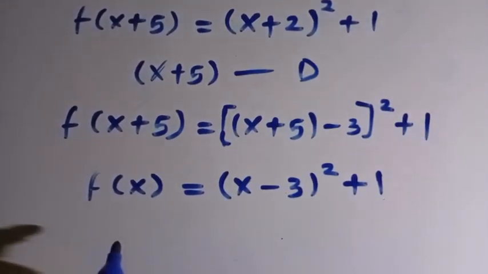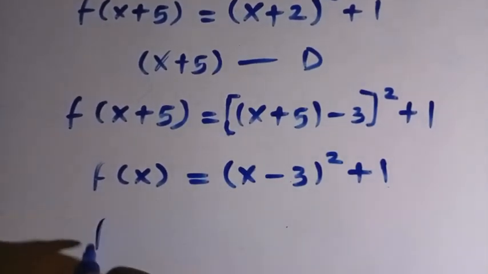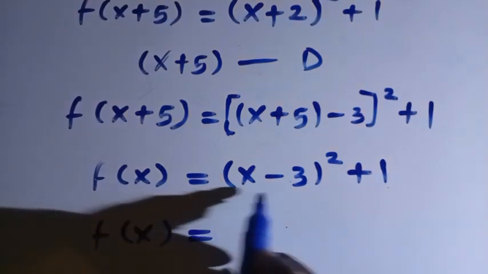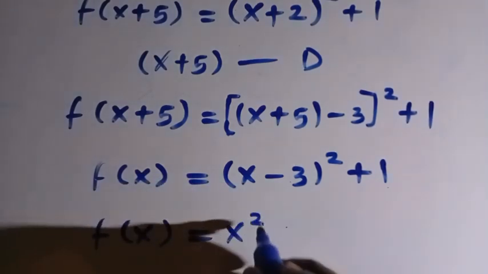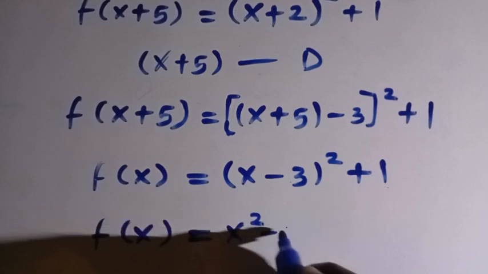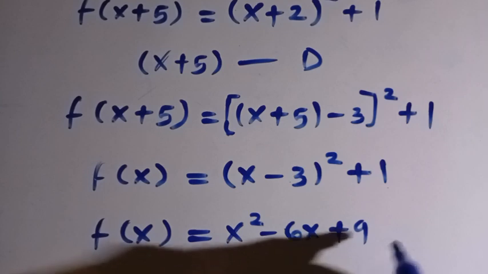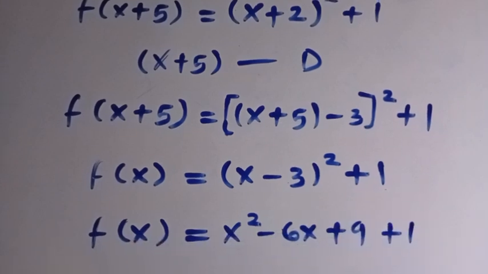Then we have to expand this. By expanding, we have f of x equals x squared minus 6x plus 9, and plus 1.